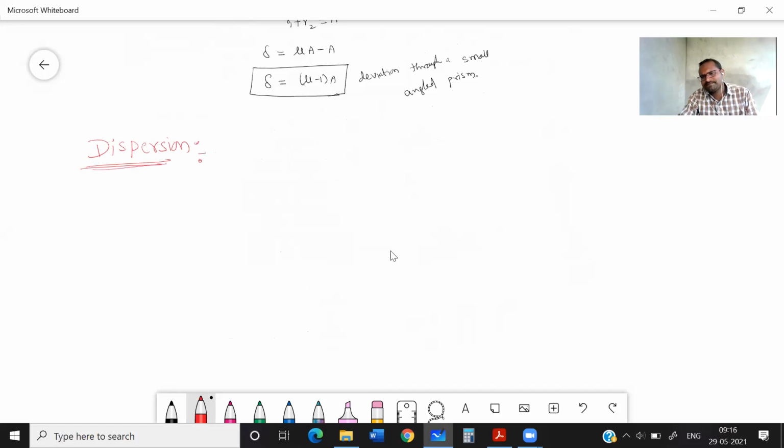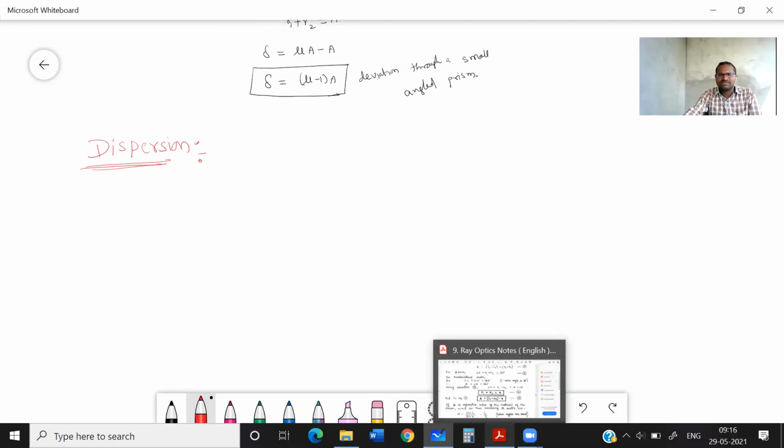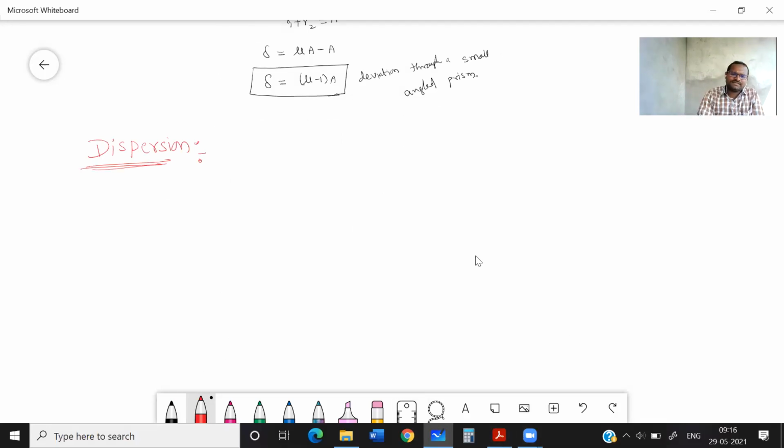Dispersion is nothing but what happens when white light is passed through a prism. Suppose this is a prism of angle A. Now, through this prism, let us suppose one white light is passed.